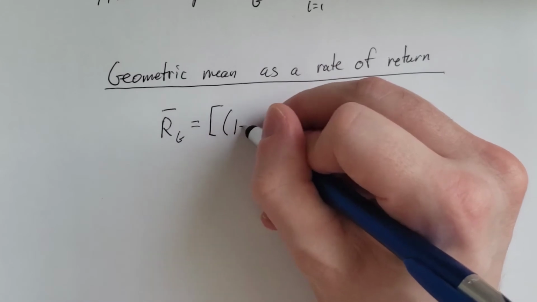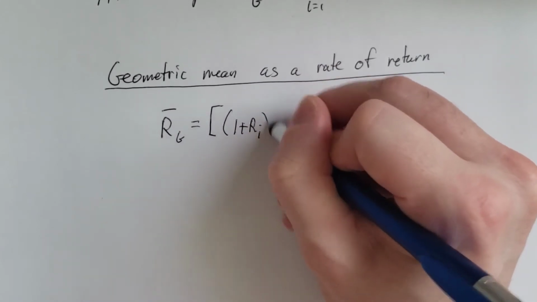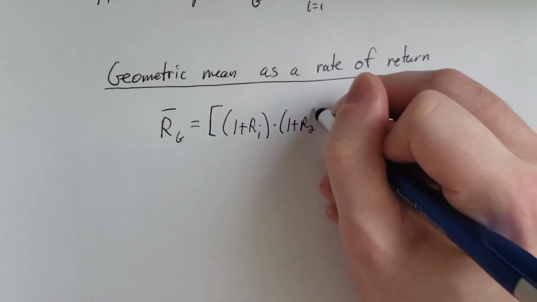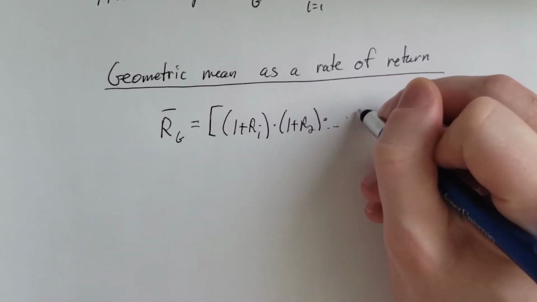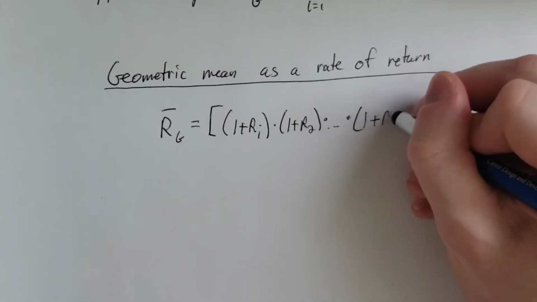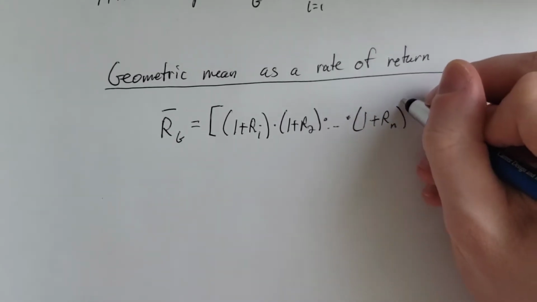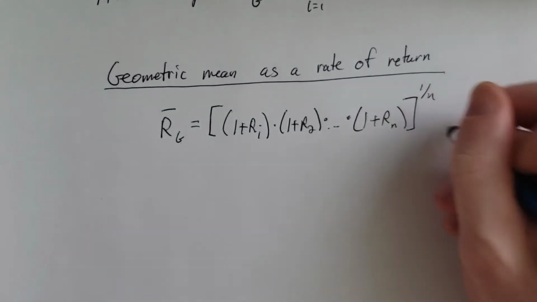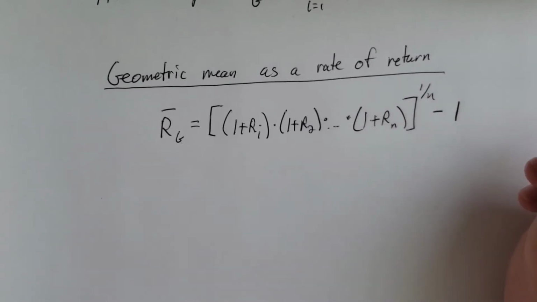It is 1 plus R1 times 1 plus R2 times up to 1 plus R sub n, all raised to the 1 over n. And then because we are adding 1 each time, we're going to subtract 1.